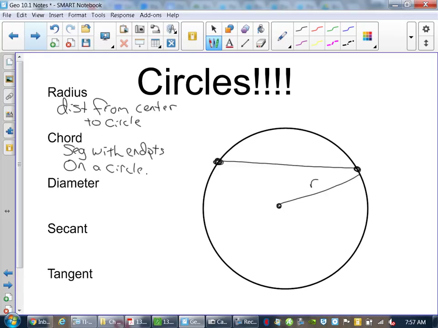I'm going to get really lazy here real fast because the word circle is too many letters for me, and I'm going to start abbreviating it with a symbol.